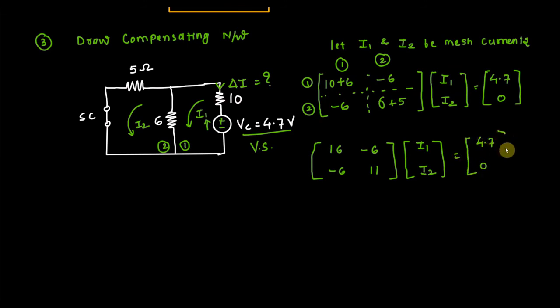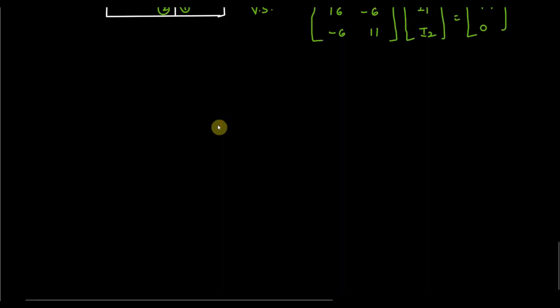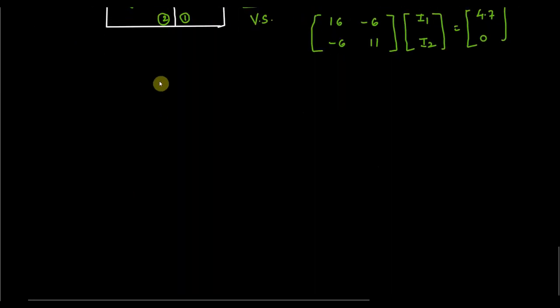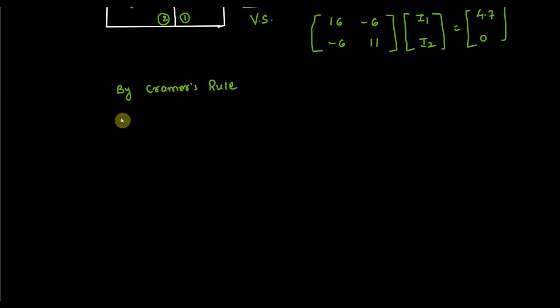Now what is our aim? Our aim is to calculate I1 because we have a relation between I and delta I. So I will use the simple rule, Cramer's rule. By Cramer's rule, the value of I1 is calculated as delta 1 upon delta. Now replace the first column with this voltage matrix.